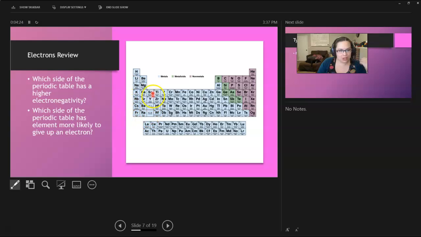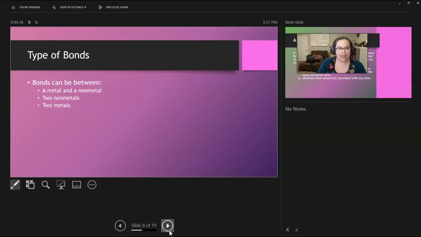Metals are more likely to lose an electron during a chemical reaction because they have one or two in their valence shell and are willing to give them up. There are three different types of bonds we're going to talk about, and the type of bond depends on the type of atom involved. Bonds can be between a metal and a nonmetal, two nonmetals, or two metals.